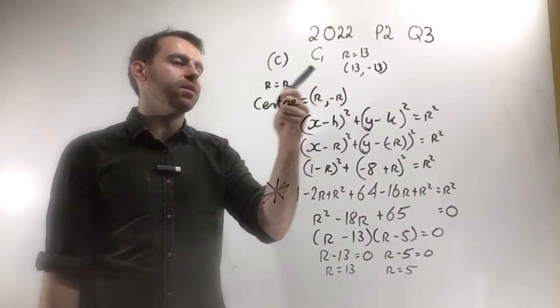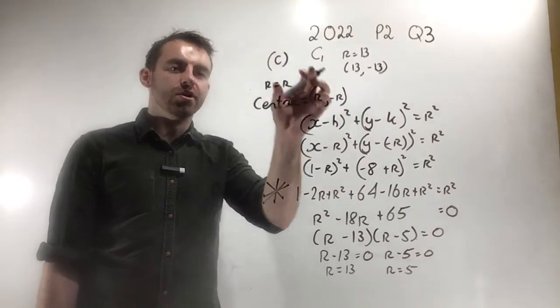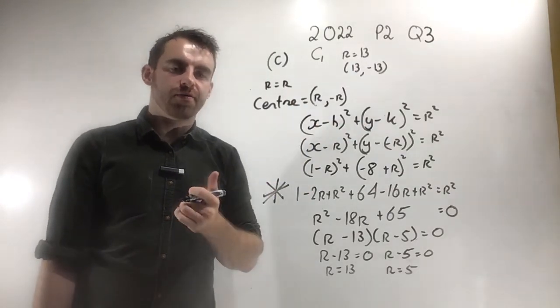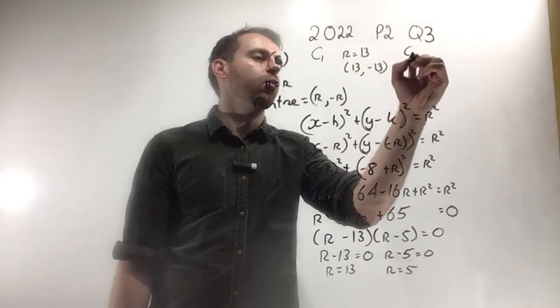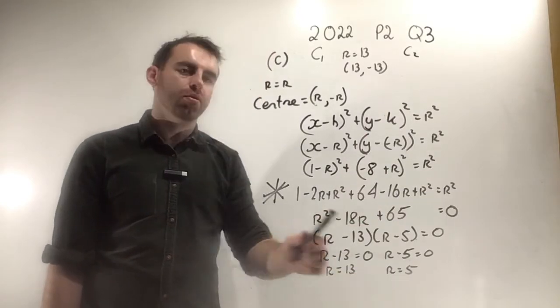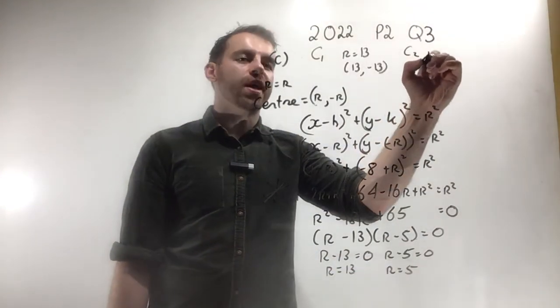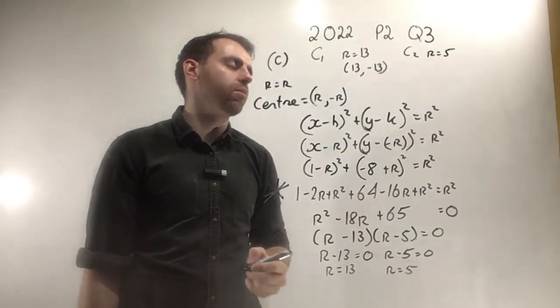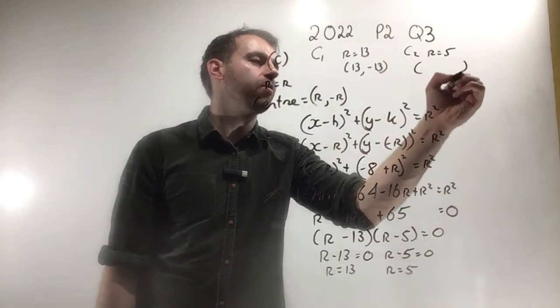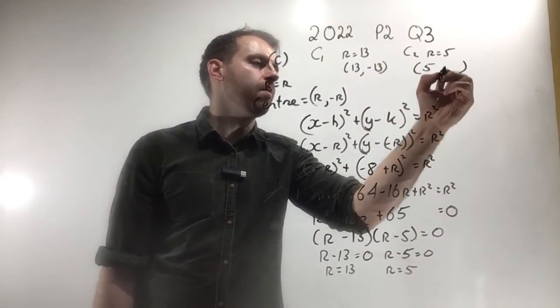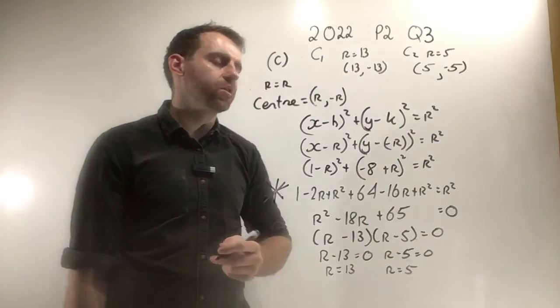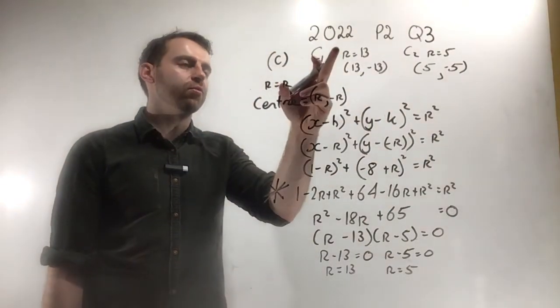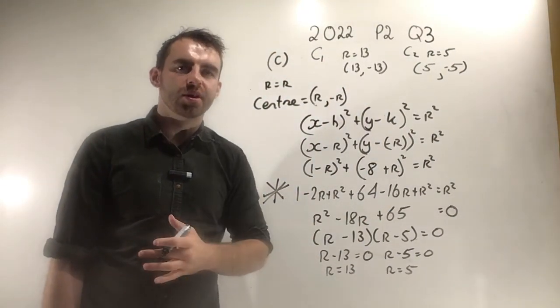So that's our radius and that's our center. We'll use that in a moment to get the equation of our first circle. For the second one, instead of 13, r is equal to 5. So in the second scenario, the radius is equal to 5, and if the radius is 5, the x value is the same, and the y value, you just change its sign, it's minus 5.